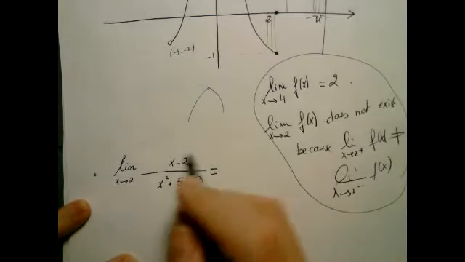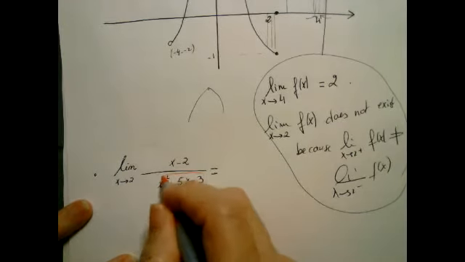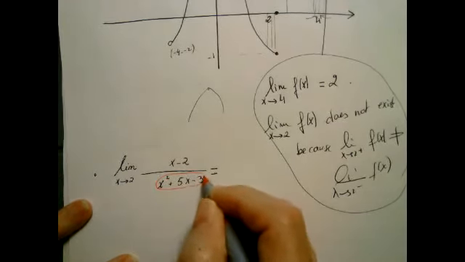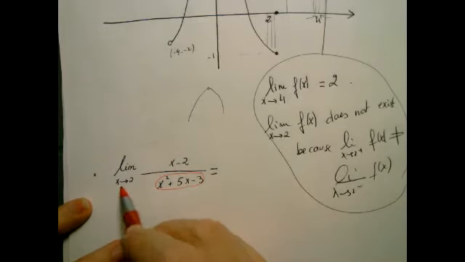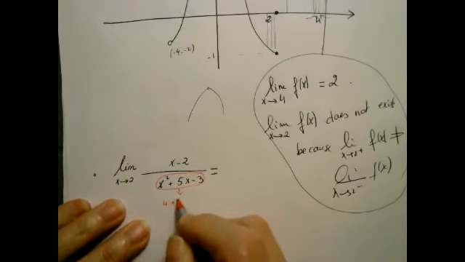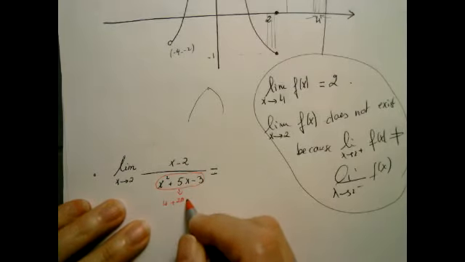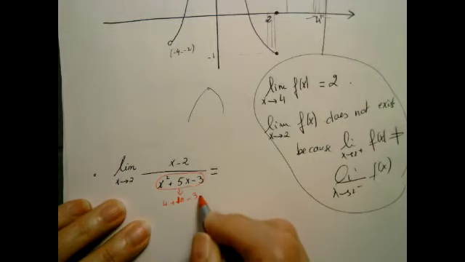Now, when we find the limit, as we said before, we look at the denominator first. If the denominator goes to 0, we have a problem. But watch here, when x becomes close to 0, the denominator becomes close to 4 plus 20, plus 10, minus 3. So this would give me 11.